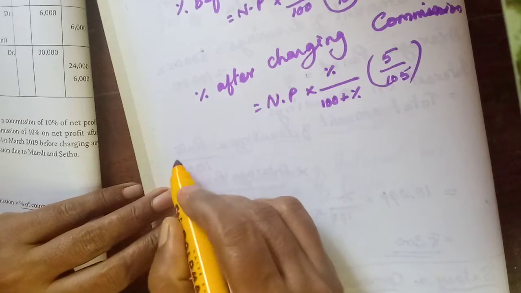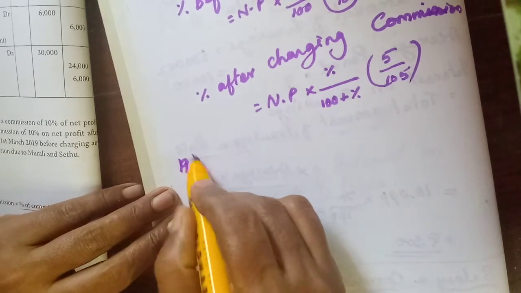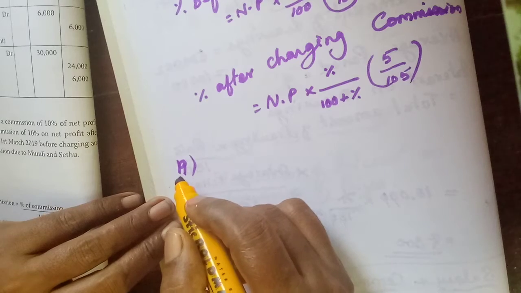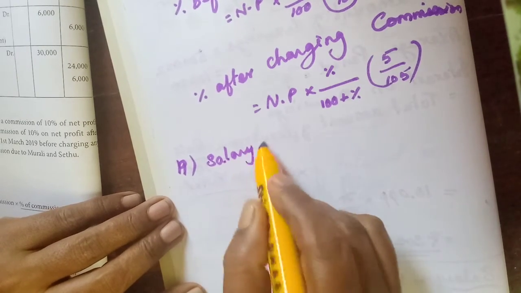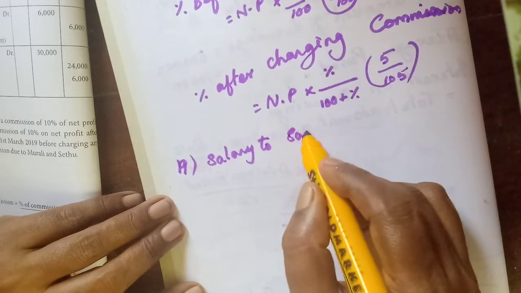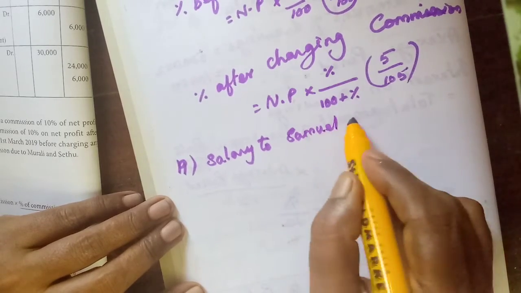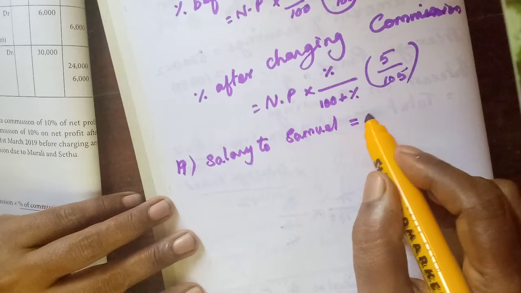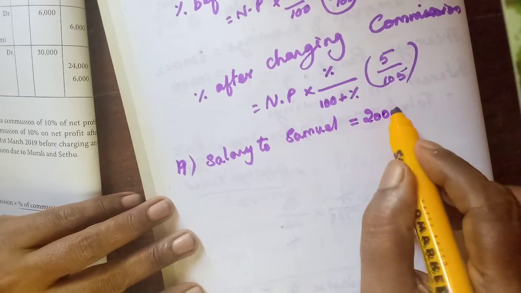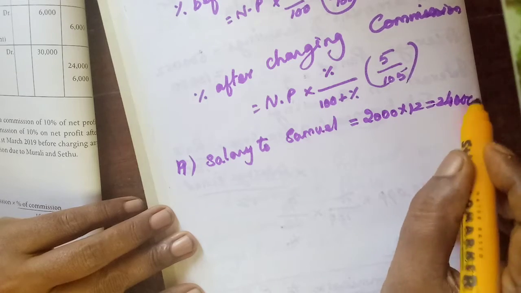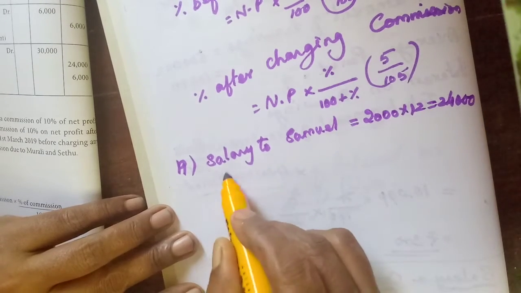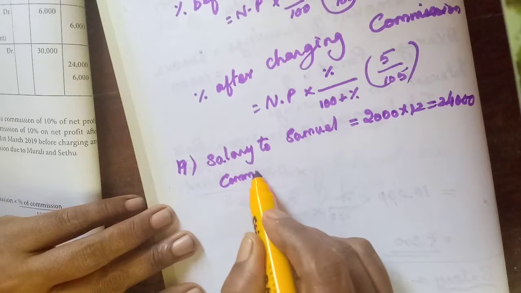Illustration 19. First, salary to Samuel. We need to calculate monthly salary, isn't it? So 2000 into 12, 24,000. Then commission is clearly given, 6000.